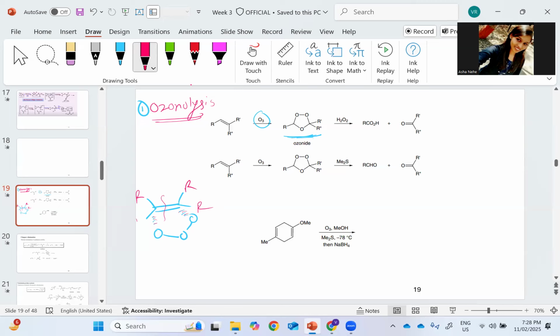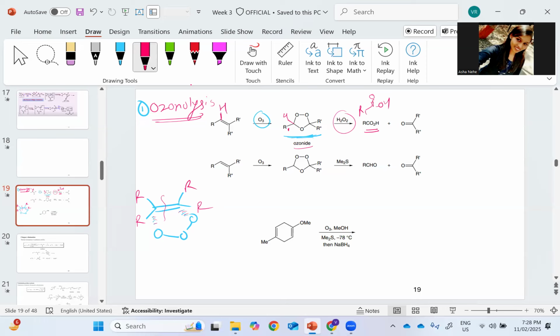Let's take an example. Here R is hydrogen, so this ozonide is then converted into its corresponding acid, R1 C double bond OH.